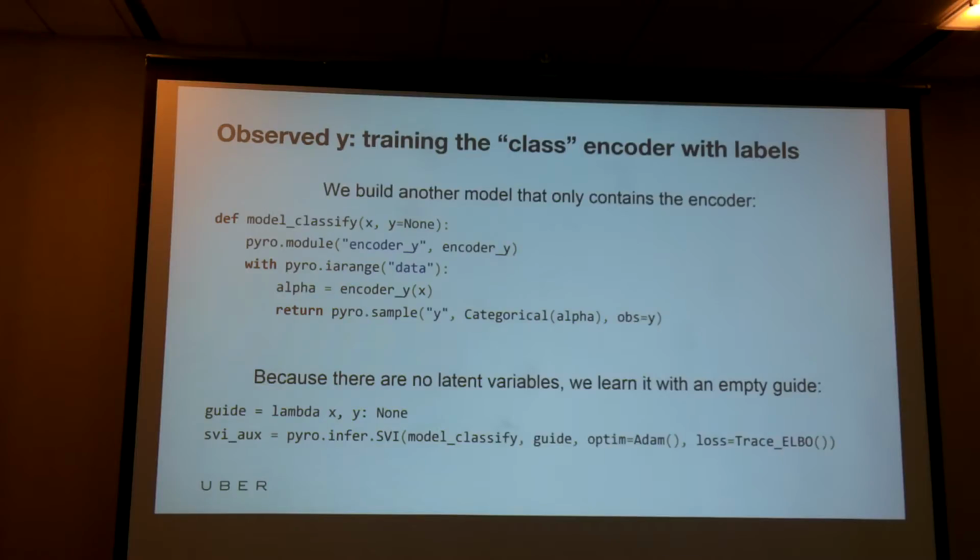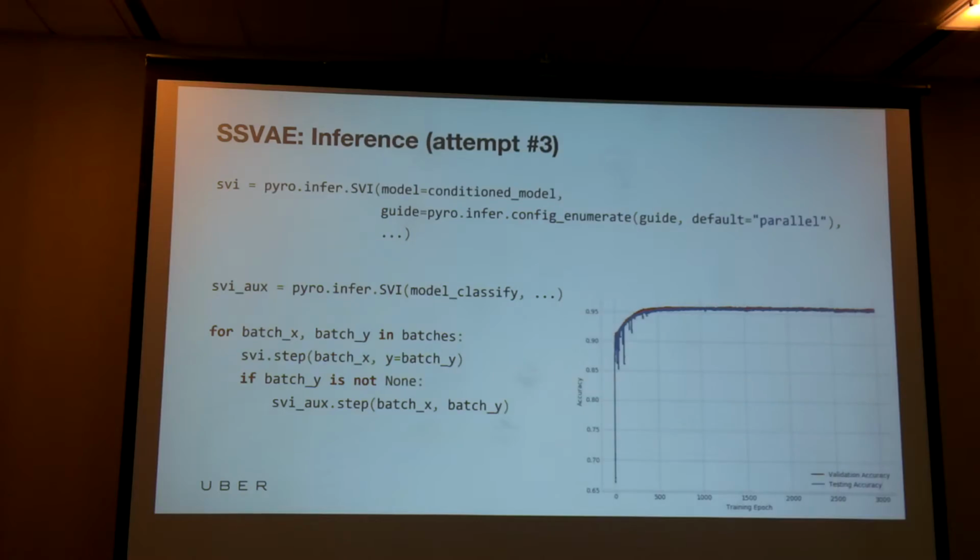Okay, we modify our inference code in this way. We've got this slightly modified SVI that we created before, which enumerates in the guide, and also uses this TraceEnum_ELBO.